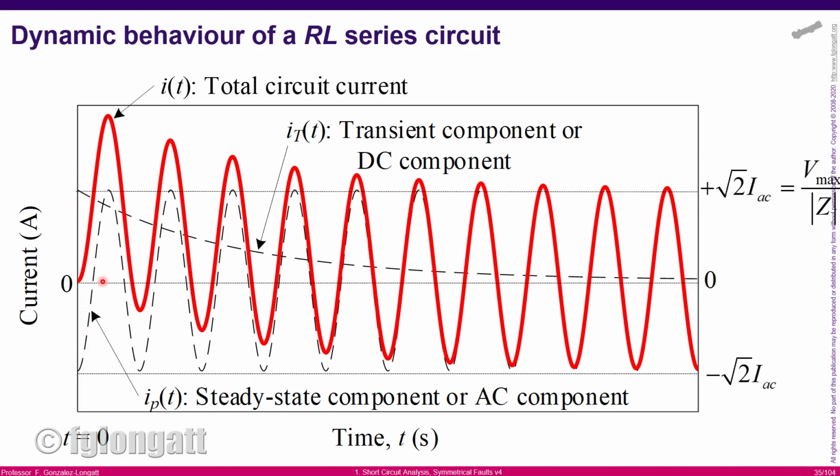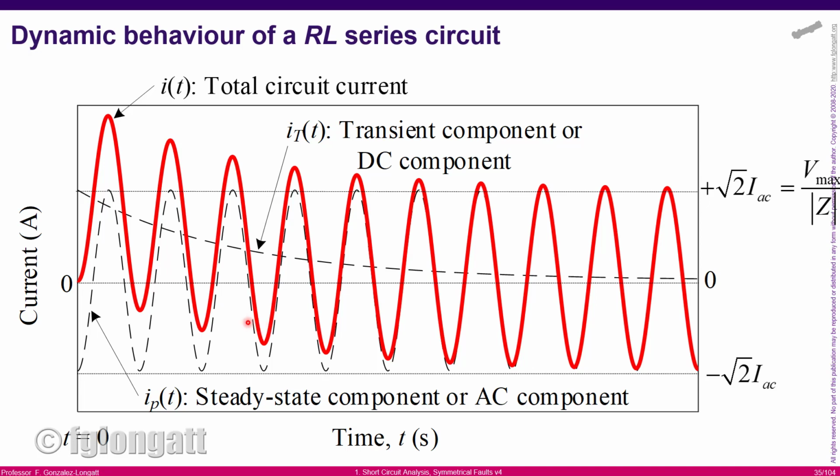When you combine the AC component, the steady state component, with the DC component, or incremental component, or transient component, many names, we will get this red wave over here.